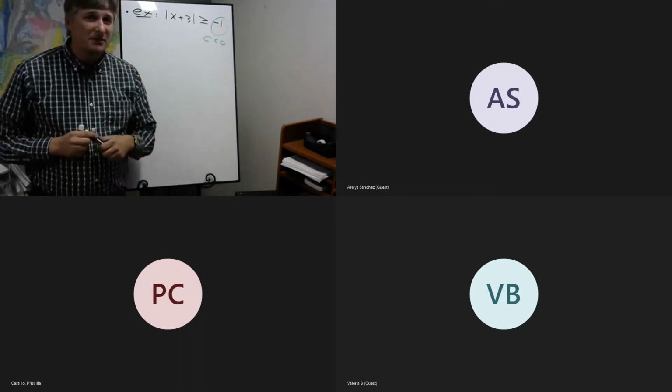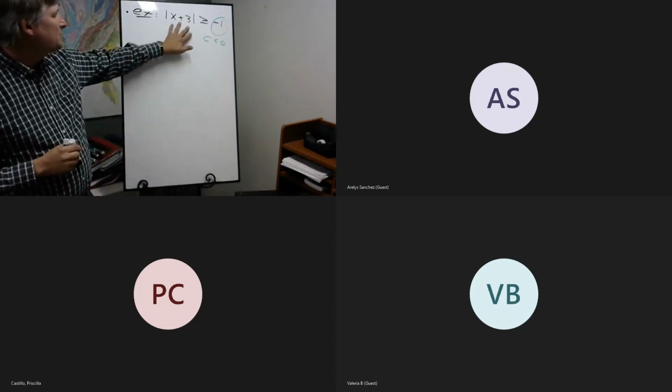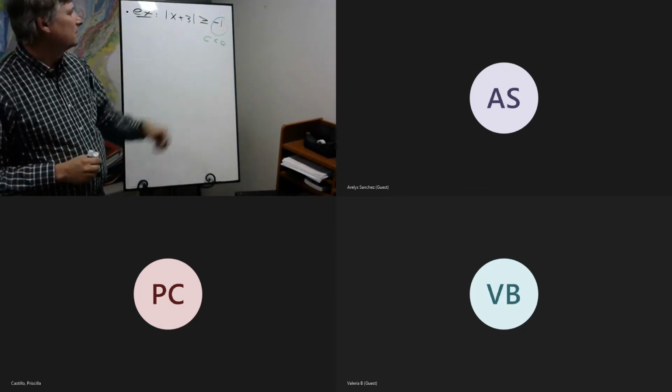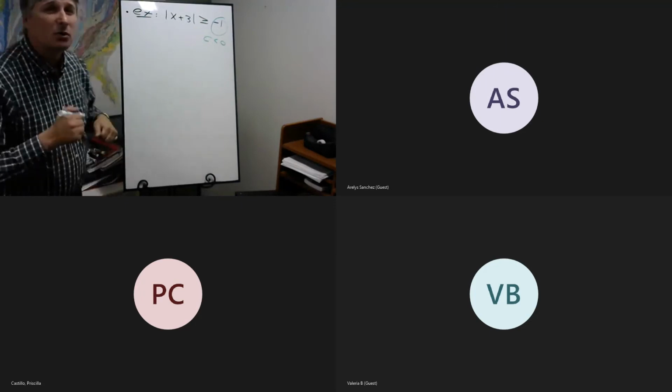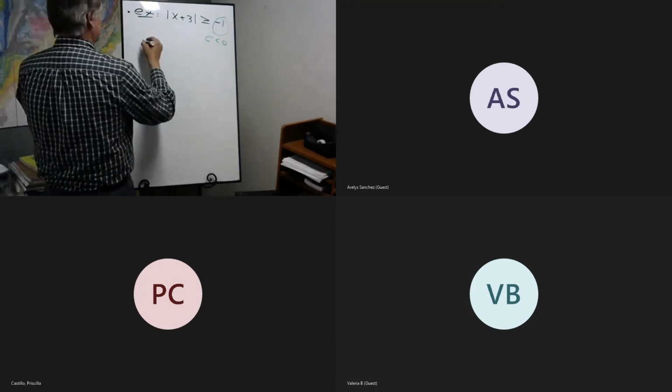When c is less than 0, you have an absolute value greater than.